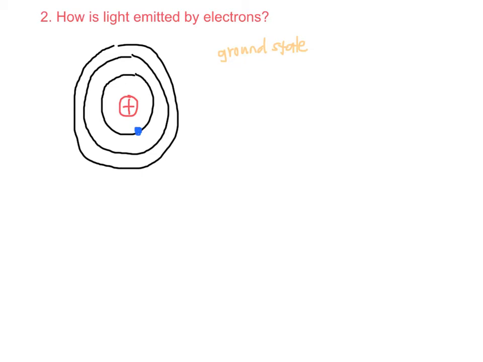Now, let's say that electron gets hit by some sort of energy. And that energy can take a number of forms. It can be a higher energy kind of light, like ultraviolet, or heat or something like that. It can be fire, it can be electricity. So we've somehow added energy to that electron. Well, that electron, like you, can get excited.